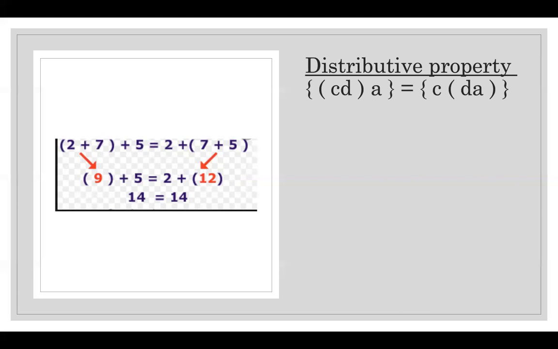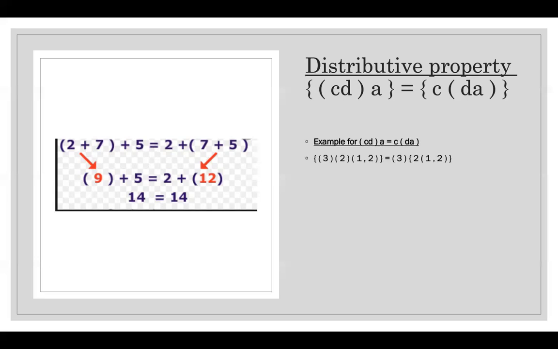So even though we put c outside of the bracket and put da inside the bracket, c will multiply inside. And if we put cd inside a bracket and put a outside of the bracket, we'll get cd multiplied with a, which gives the same answer, acd.